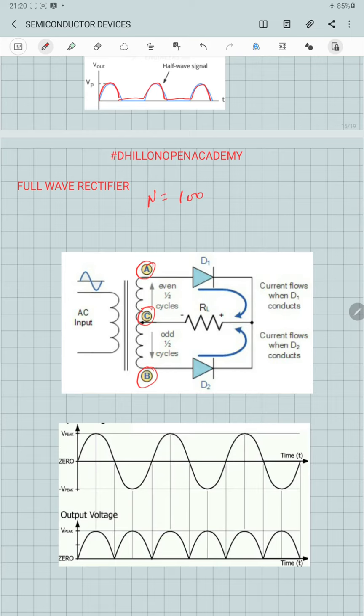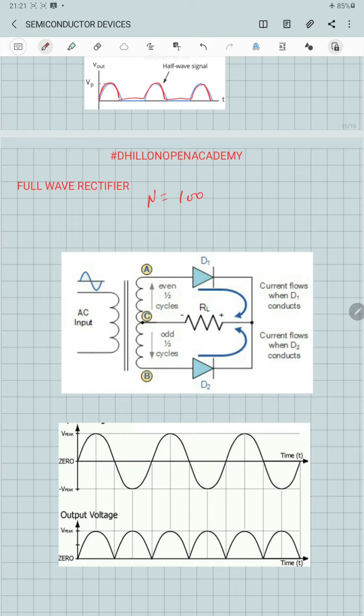That means A is connected to the first turn of the secondary coil, B is connected to the 100th turn of the coil, while point C is connected to the central turn of the coil, that is the 50th turn of the secondary coil. So we call this connection the central tap.